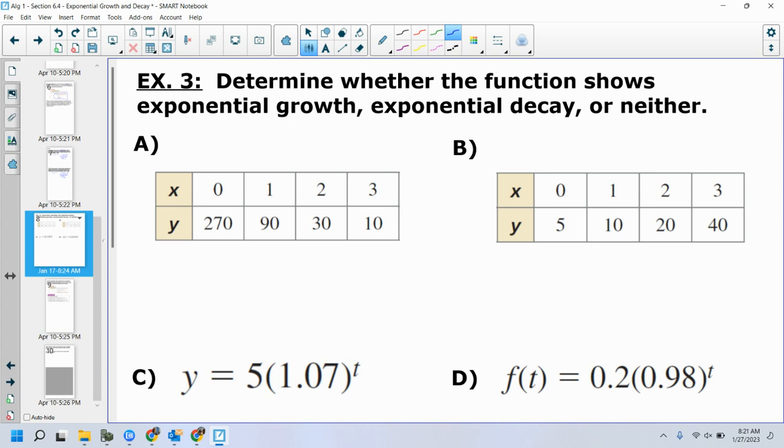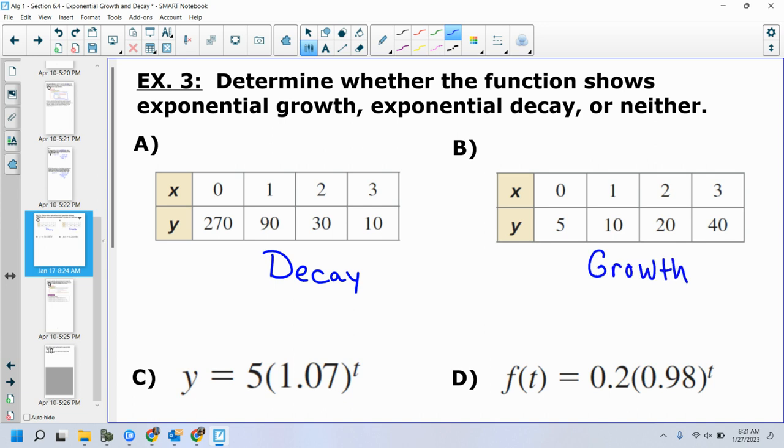Rewind. Determine whether the function shows exponential growth or exponential decay. Pretty easy for the tables. Is it going up? Is it coming down? Exponential growth or decay? Growth.